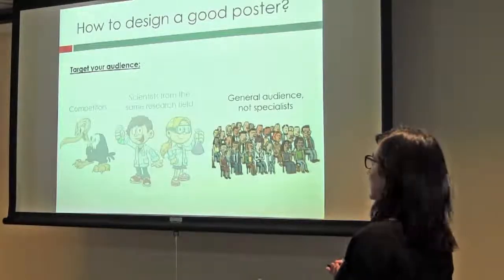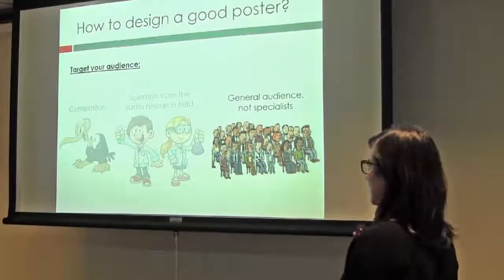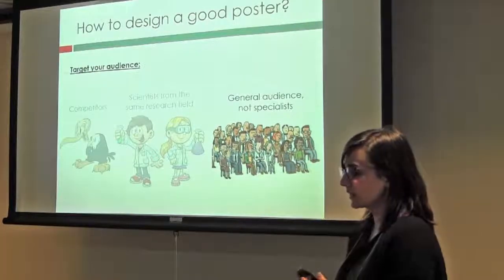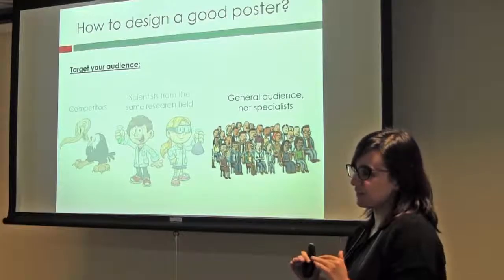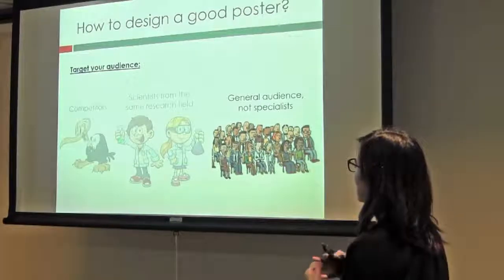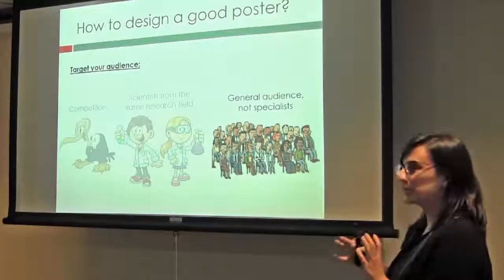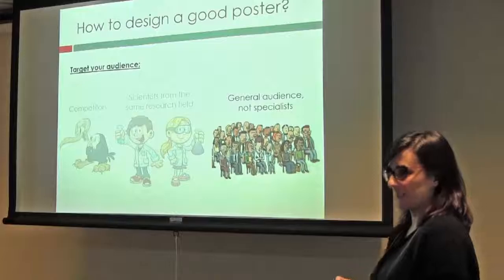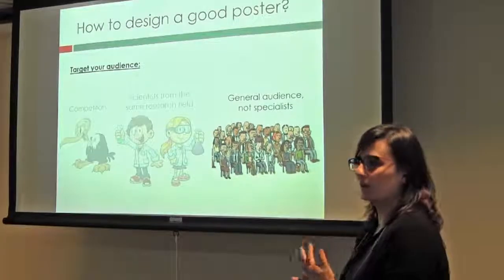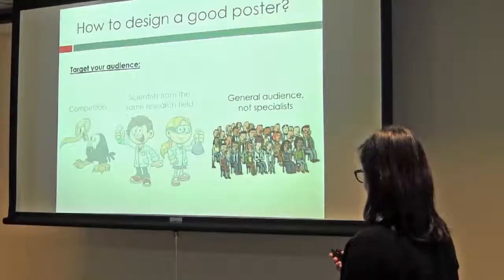You may also find that you have a general audience, not specialists at all. So in this case, you will need to lower a bit the level of technicalities and specialized vocabulary, and put it in a way that everybody can understand it. So use less complicated vocabulary and more graphs that make it easier to understand.